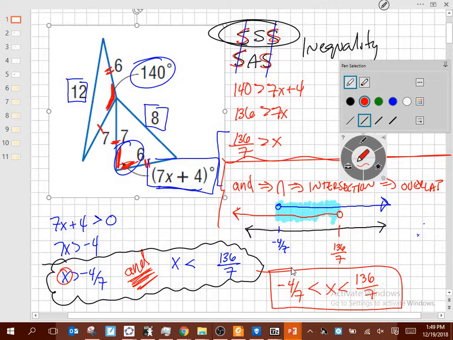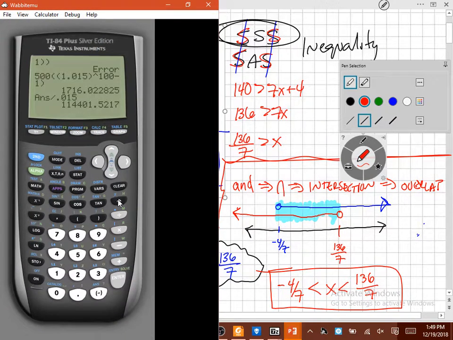All right, here's my question to you. A lot of times, because this has been trained inside us since 4th, 5th grade, when we deal with fractions like that, don't we want to take the 4/7 and put it as a decimal, and the 136/7, and put it as a decimal? We want to do that, right? Okay, I'm going to show you a picture of this idea.